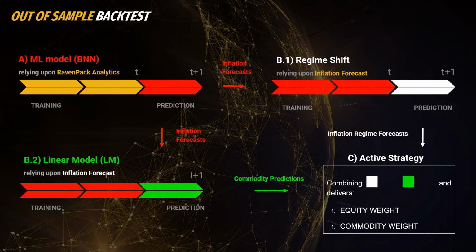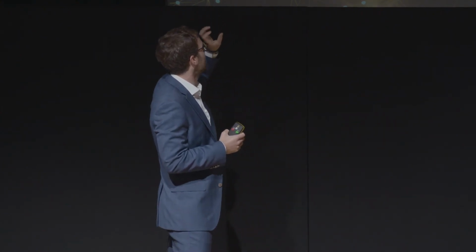So when inflation breaches a certain threshold, then, in order to understand what we call the commodity weight, which is basically a hedging component, how much of our portfolio we need to invest in commodities in order to protect ourselves from a low or high regime of inflation.